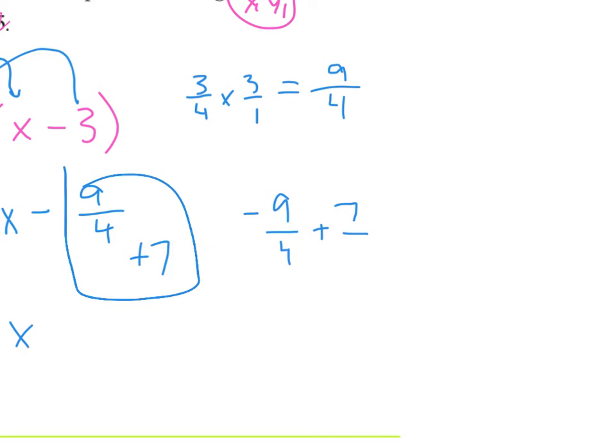So I'm doing these two here. How do we add these two fractions together? We need to put the 7 over 1. What do we do next to combine these two fractions?